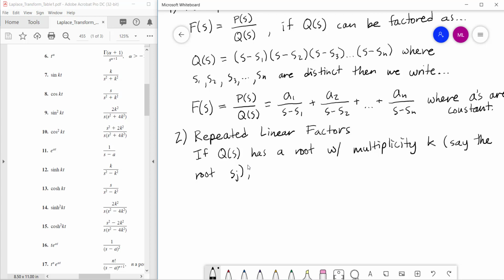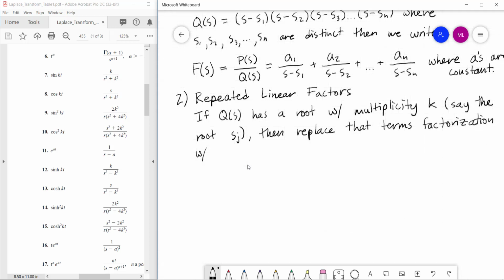So we replace that term's factorization with the following. Aj is the constant associated with sj.